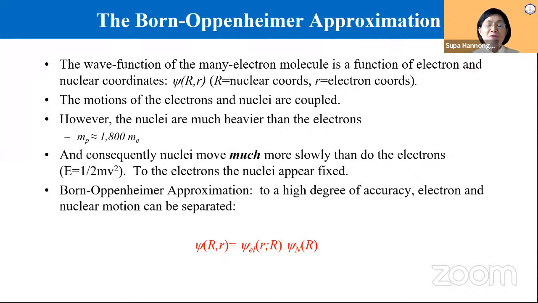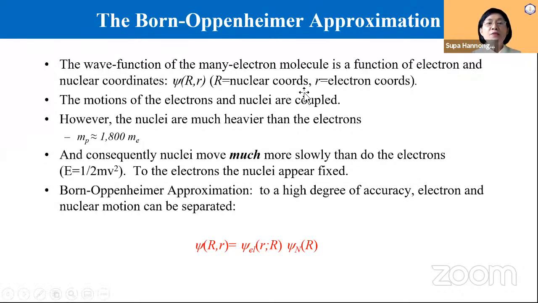So you can imagine, one nuclei and one electron, and so you have two coordinates. But the electron and the nuclei are still moving, especially the electron, which is moving all the time. It's very small.